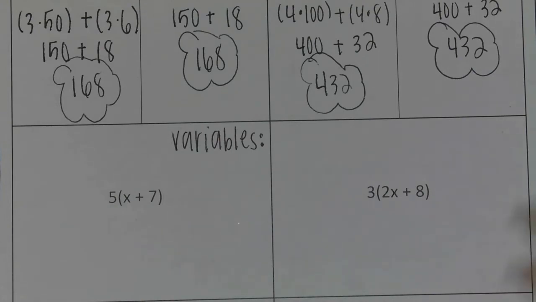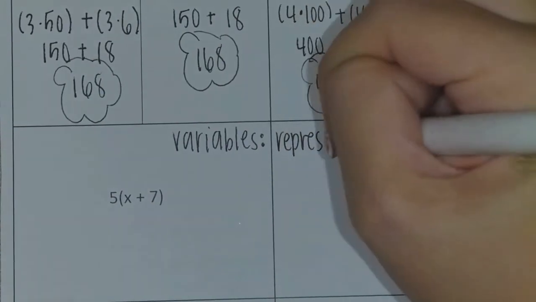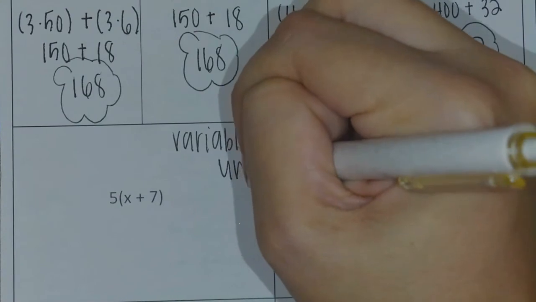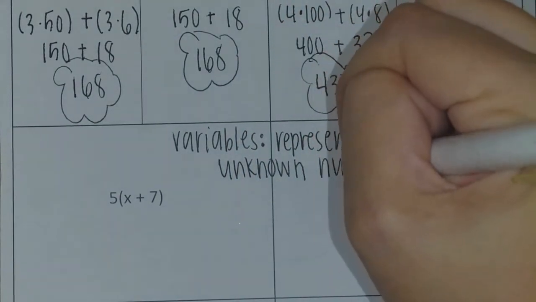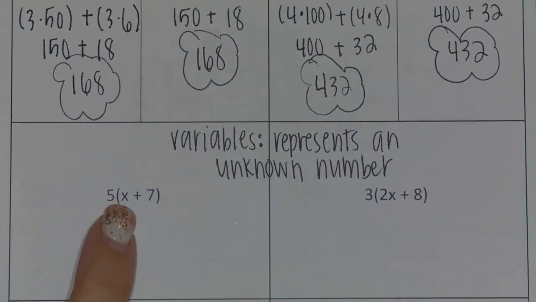Those variables, what we're doing is we are representing an unknown number.